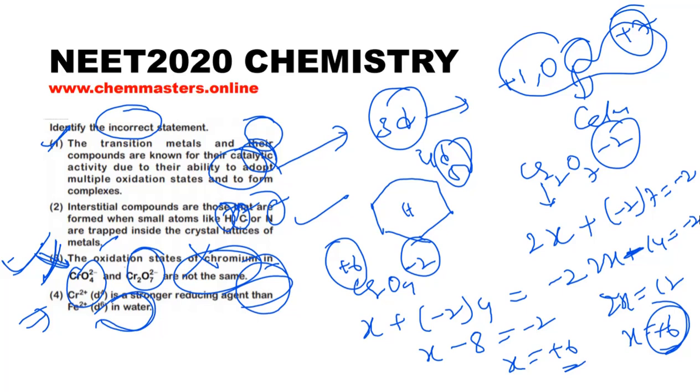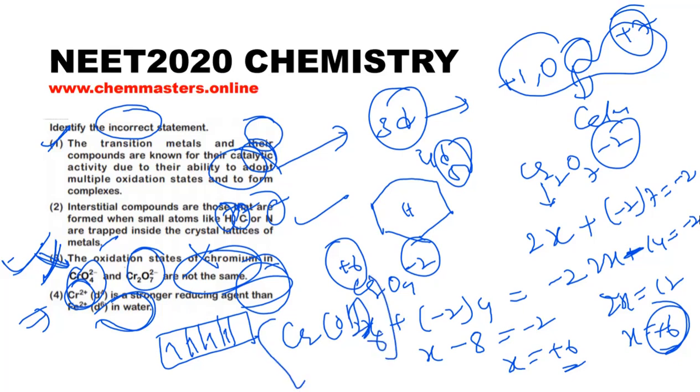You can see chromium plus 2 has 4 electrons in its d orbital: 1, 2, 3, 4 electrons are there. Chromium plus 2 in aqueous solution produces [Cr(H2O)6] 2+, an octahedral complex. In this octahedral complex, in the presence of ligand field strength, the degenerate d orbitals split into t2g and eg.